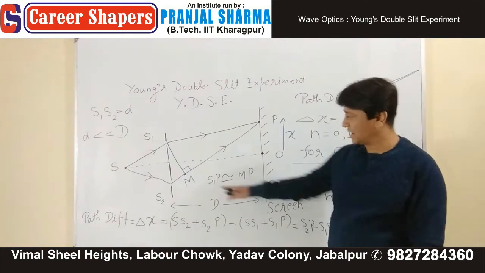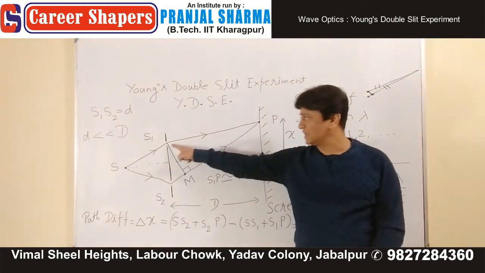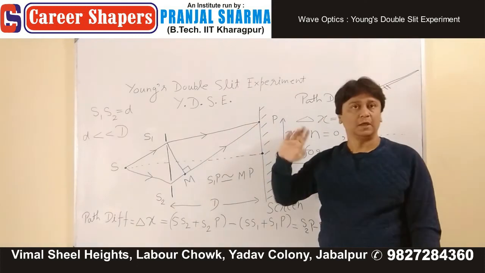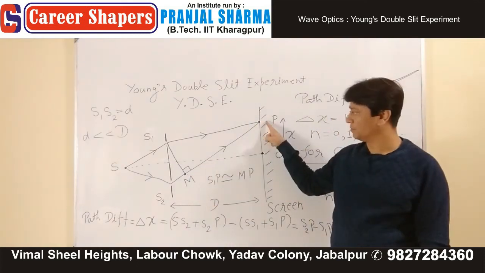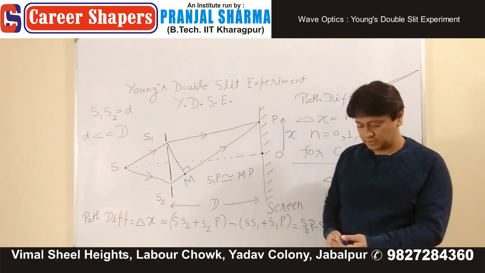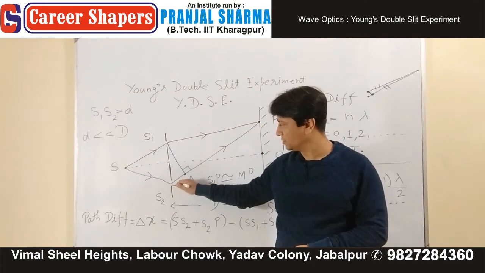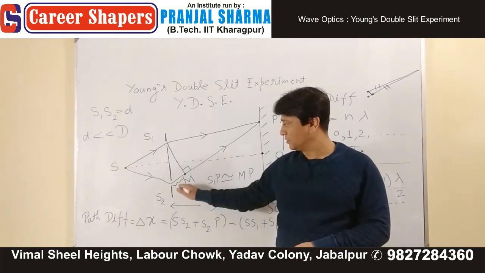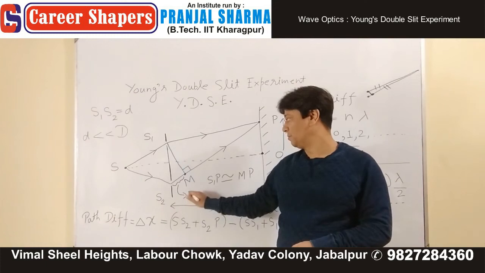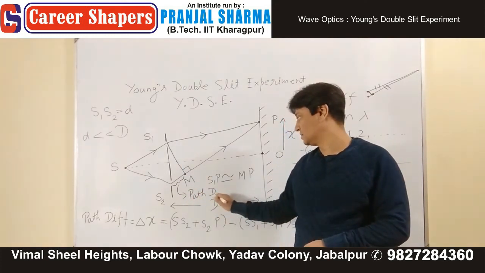Now, what is the advantage of doing this? So if you are saying that S1P is equal to MP, then what is the path difference? This is the path difference. This much. This is your path difference.